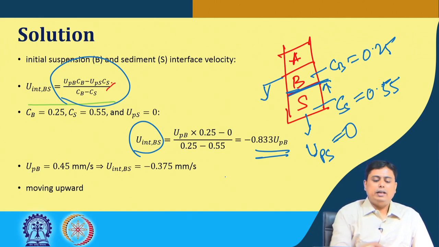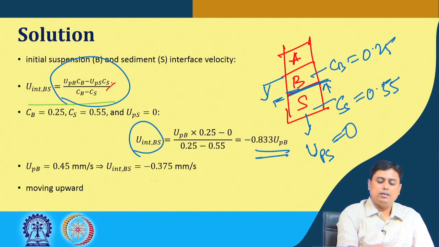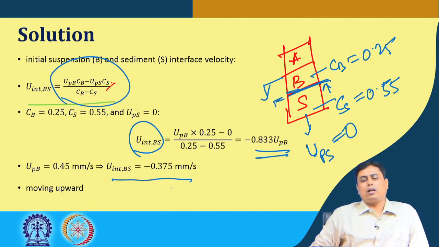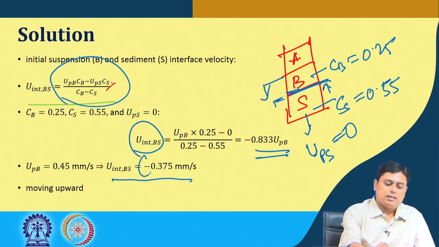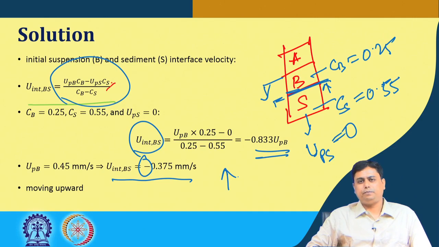That means our BS interface is moving at a rate of 0.375 millimeter per second. But see, this minus sign actually indicates it is moving upward. Okay.